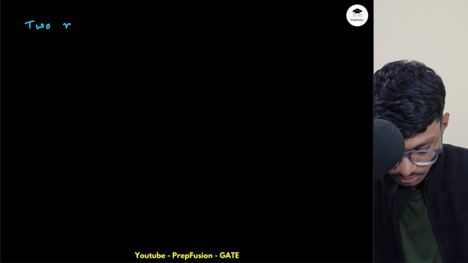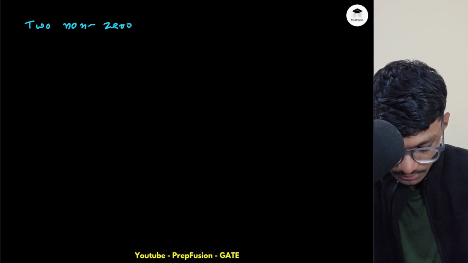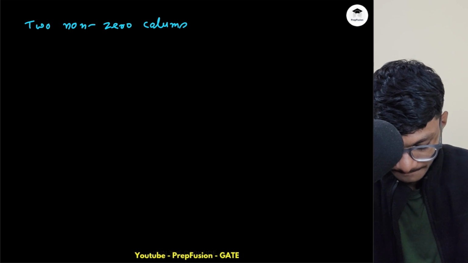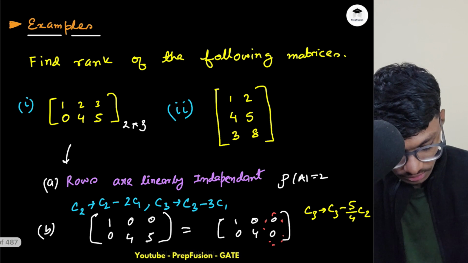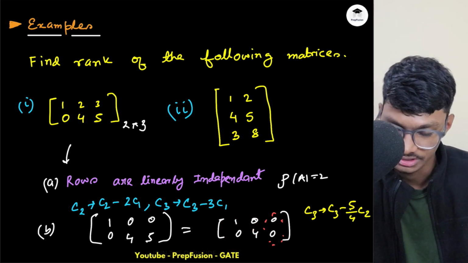Two non-zero columns which are linearly independent, because these are not proportional, obviously. No combination can make them proportional.